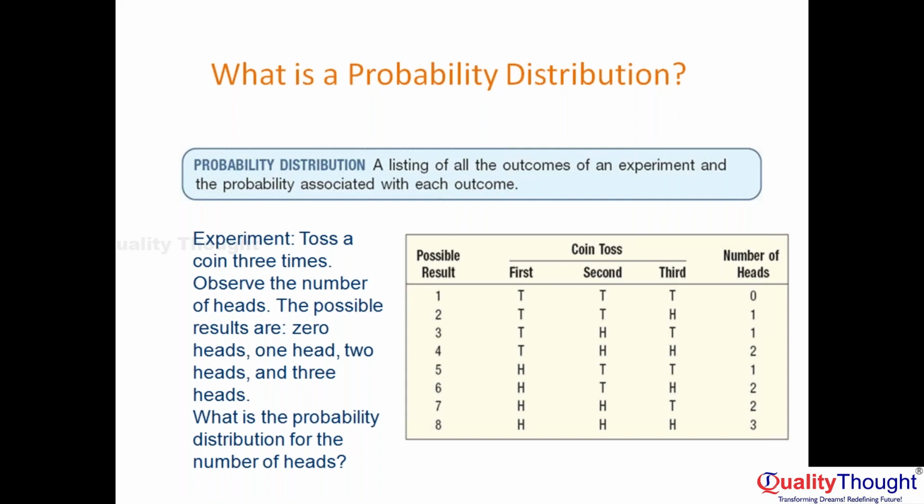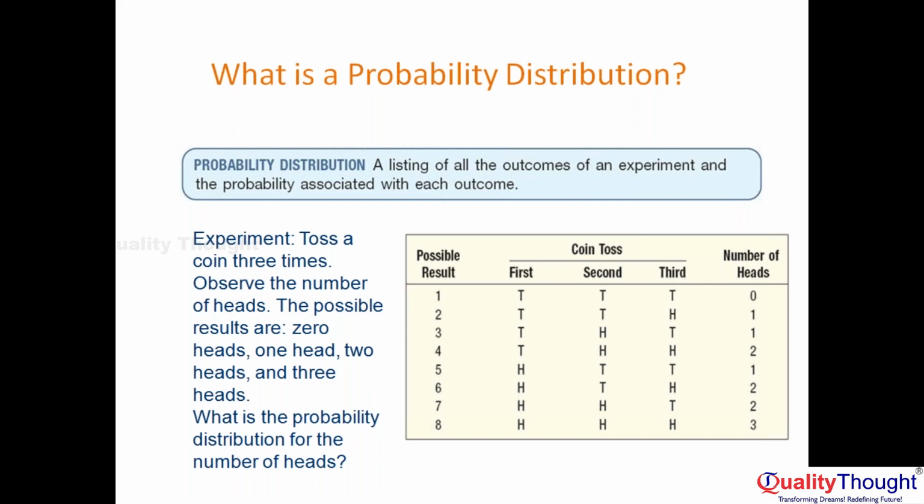Here I'm taking an example that I'm going to toss a coin 3 different times. When I'm tossing a coin 3 times, I want you to observe the number of heads, and there are different possibilities of heads.